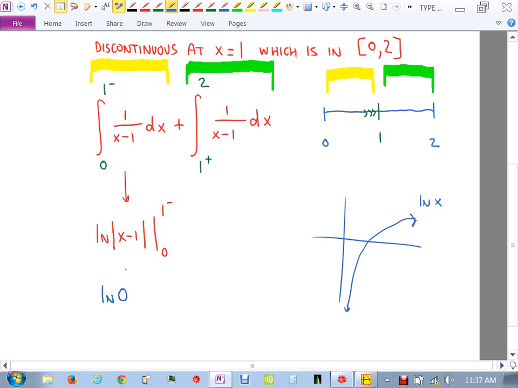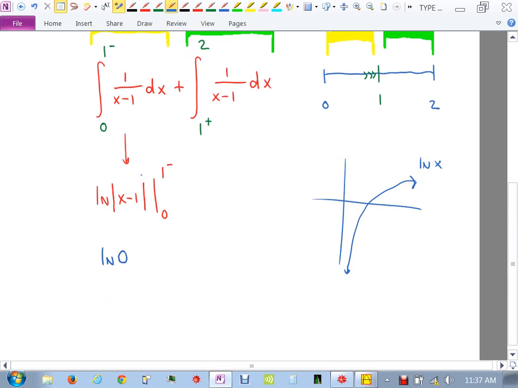So when I'm evaluating this, I need to back up to make sure you really understand this. What does the 1 from the left tell you? That means you're plugging in values that are really close to 1, but on the left side of it. Someone give me an example of a value that would be really close to 1, but on the left side. 0.999, something like that.